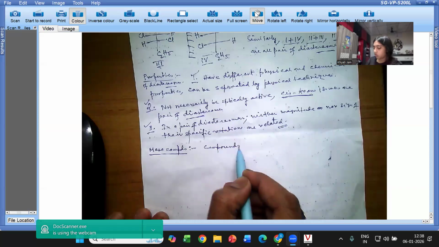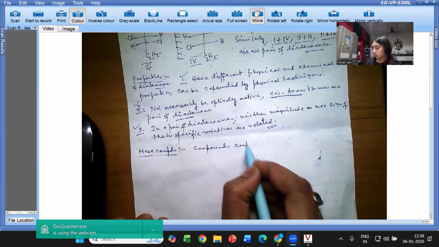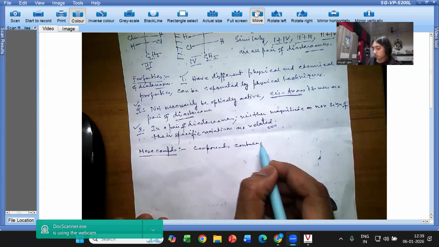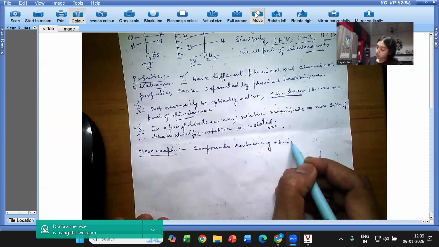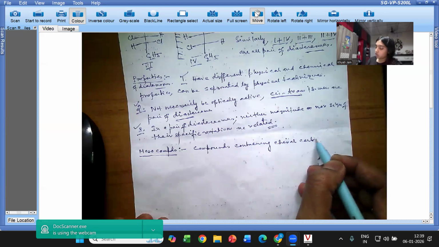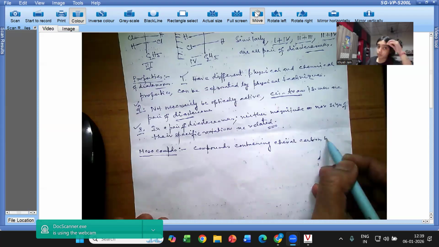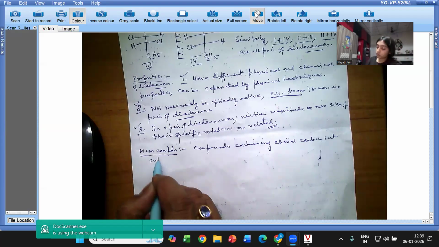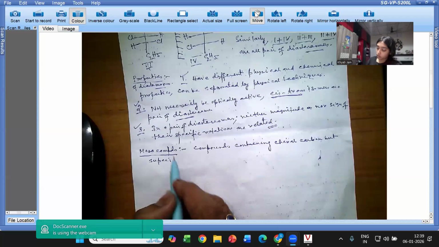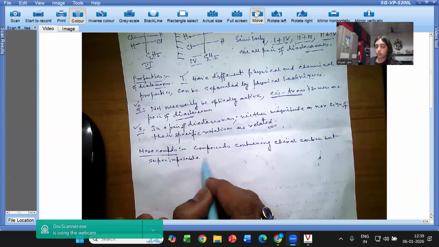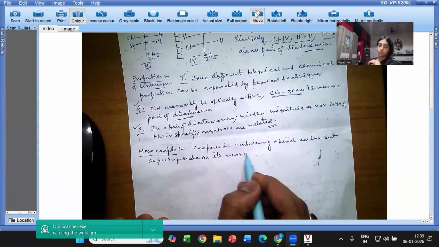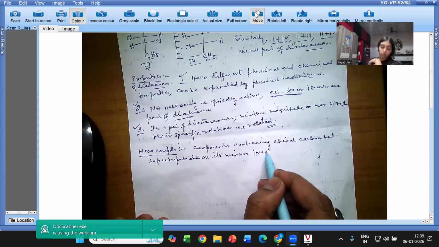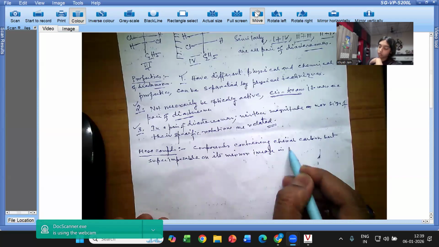Compounds containing chiral carbon but superimposable on its mirror image are known as meso compounds.